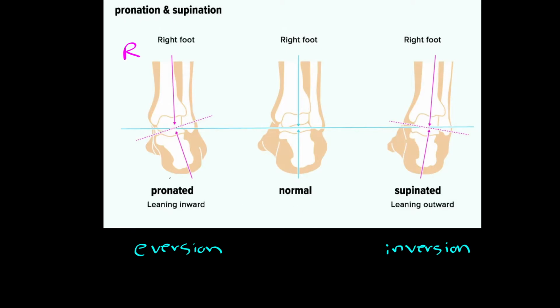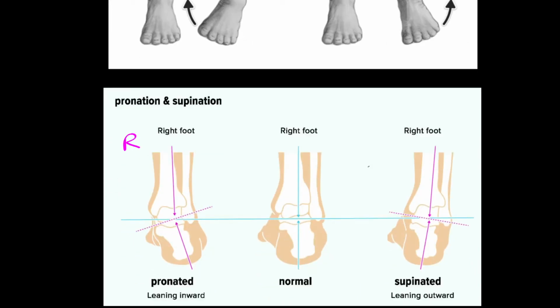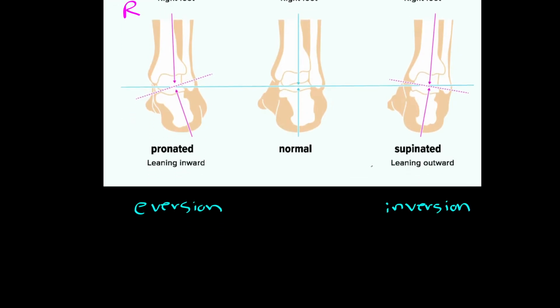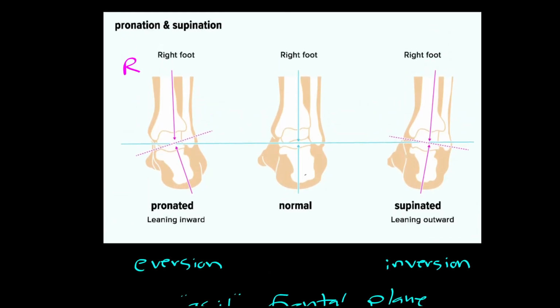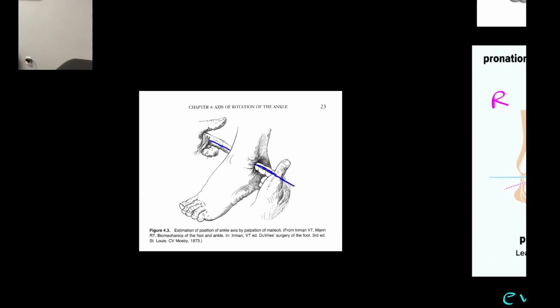Now, why is this confusing? Well, it's not only confusing because people sometimes use these terms interchangeably and sometimes don't. But what's confusing is that quite often, as in this figure and as in this figure up here, which I just pulled off the internet, these motions at the subtalar joint are presented as if they are in the frontal plane. But as I have mentioned a few times, and as you'll see in the problem set, the subtalar joint itself is actually not oriented in the frontal plane at all.